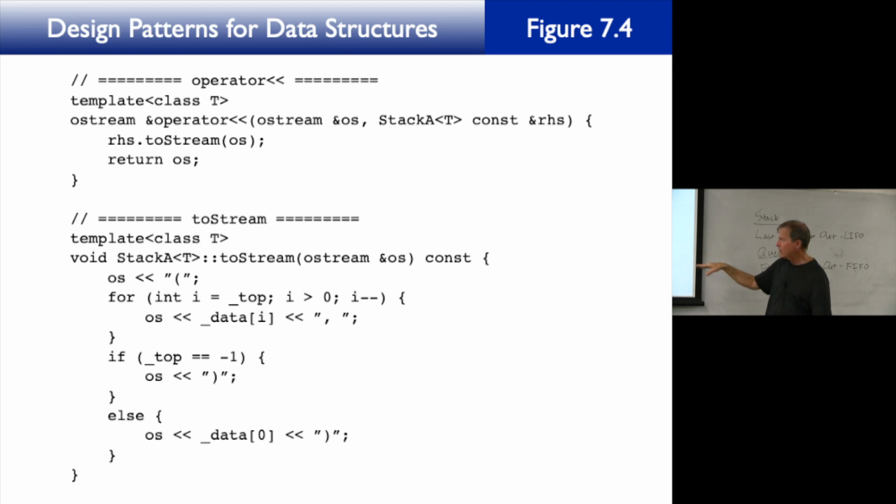Where does it start? It prints out the left paren, and then it goes from left to right, top to bottom. So you see it has to print them out in reverse order, right? For int i gets top, i greater than 0, i minus minus. So that's a little detail there. Are we good? Is everybody clear?